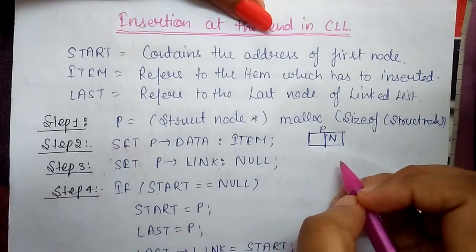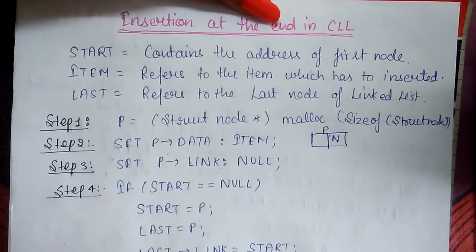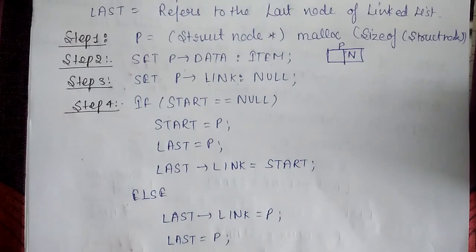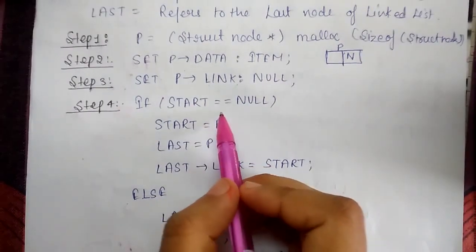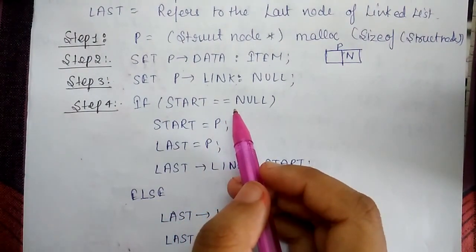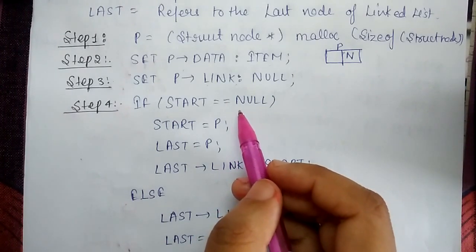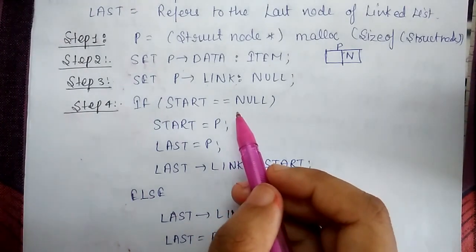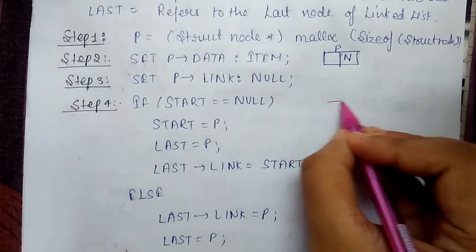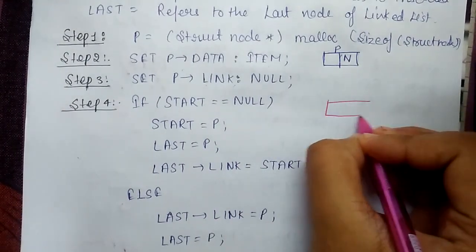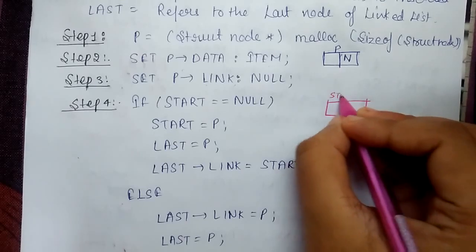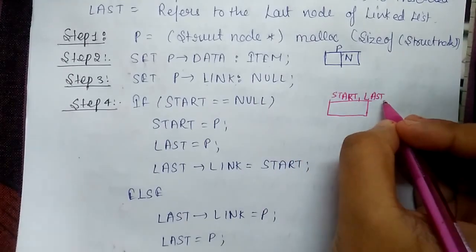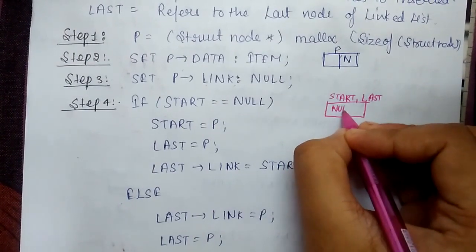Now what are the various possible conditions? In the first case, if start is equal to null, it means there is no node existing in the linked list, because start always points at the first node of the linked list. So if there is no node, our two pointers, start and last, contain null value.